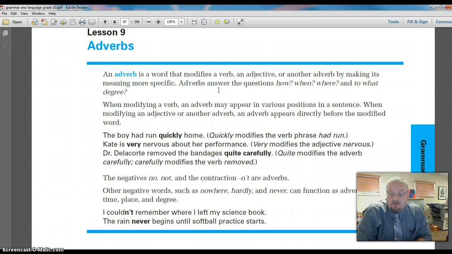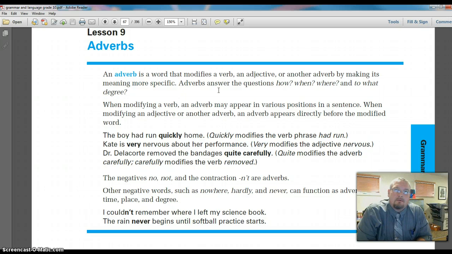The negatives no, not, and the contraction n't are adverbs. Other negative words such as nowhere, hardly, and never can function as adverbs of time, place, and degree.